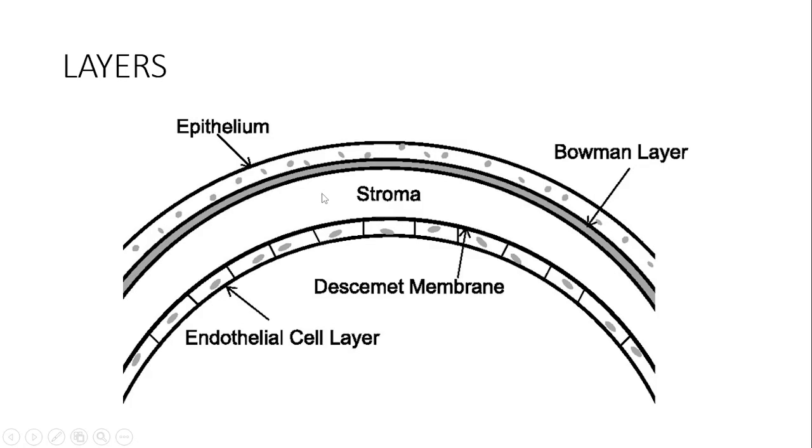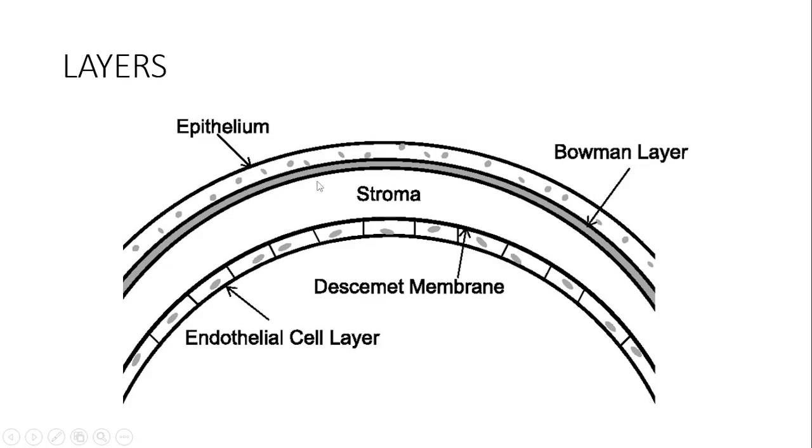Water. So 90% of the whole cornea thickness is made up of the stroma, and it is rich in water, 80% of it.